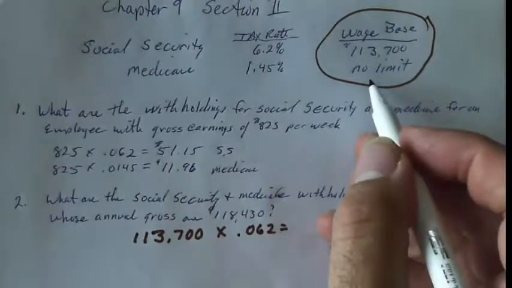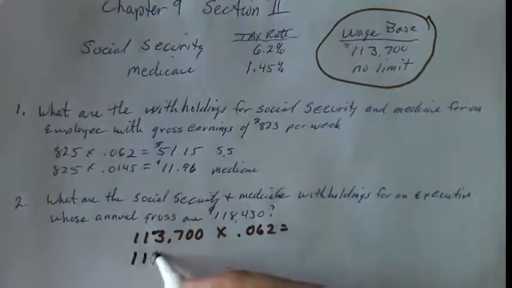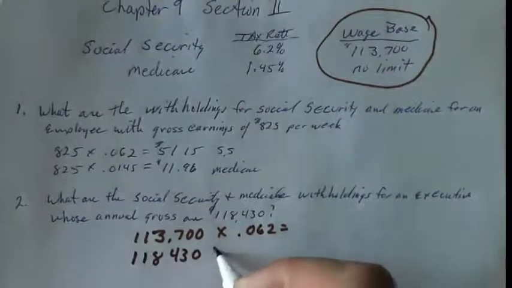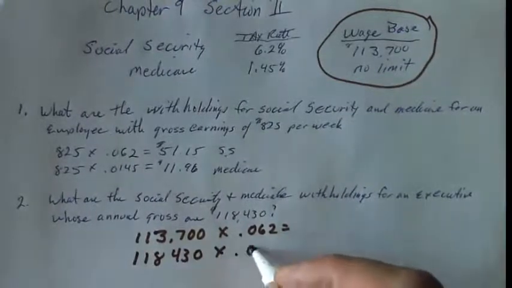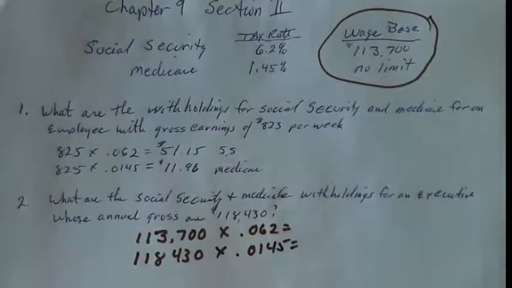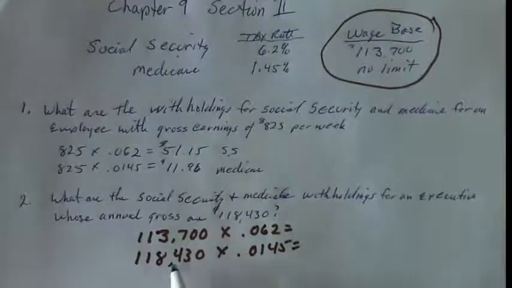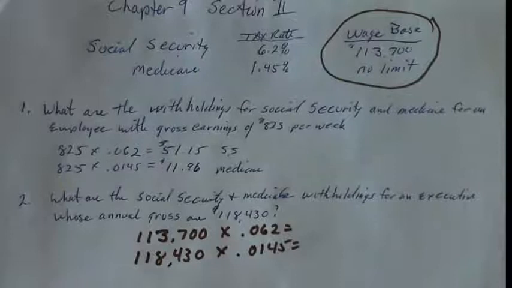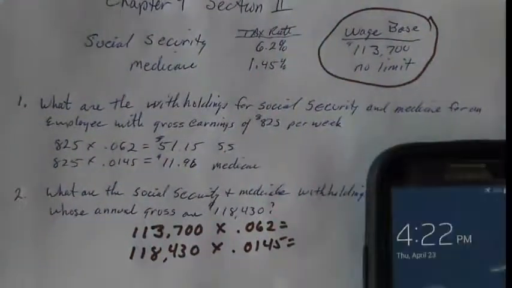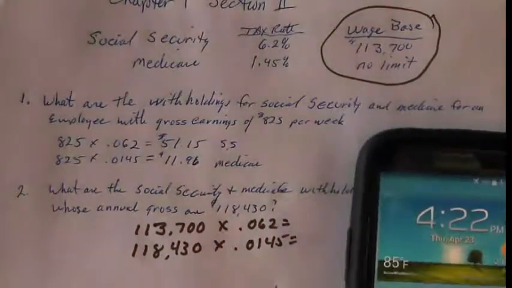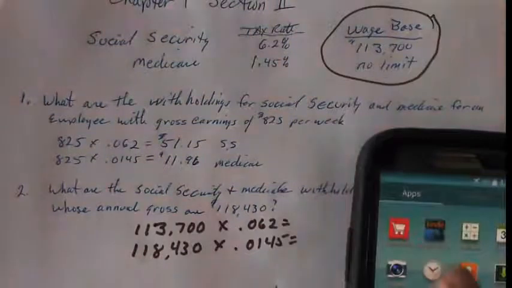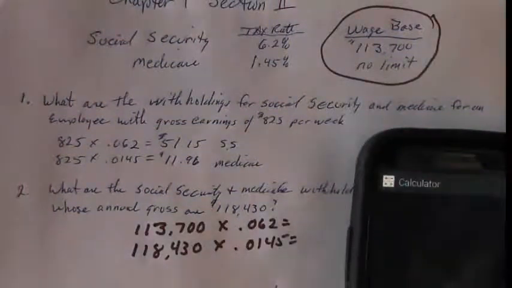Now, because Medicare has no limit, he's going to have the $118,430 times 0.0145 for the full amount here. So these are just calculator problems again. Just moving back over, put it on our calculator.